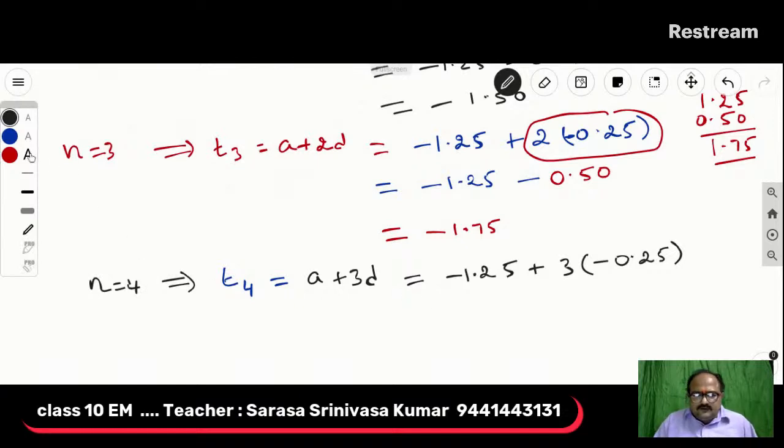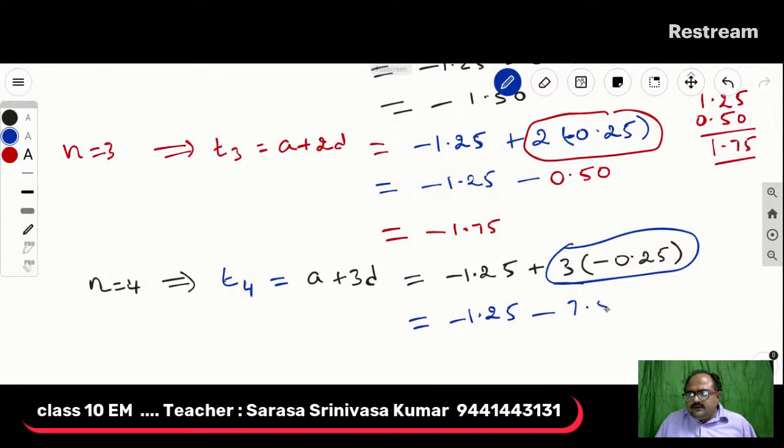So this can be written as minus 1.25 minus 3 multiplied by 0.25. It is minus 0.75.